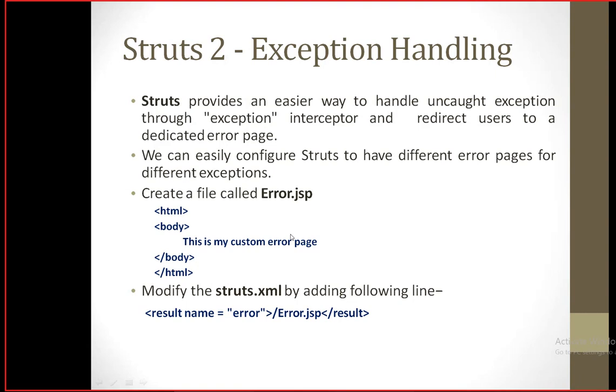So we will design the error page as error.jsp and put any of the error messages required. And in the struts.xml file, we will have to mention the result tag, and the name will be error. And then we'll put the URL for the .jsp page for that error file, right? So this type of result tag is to be added in the struts.xml file.